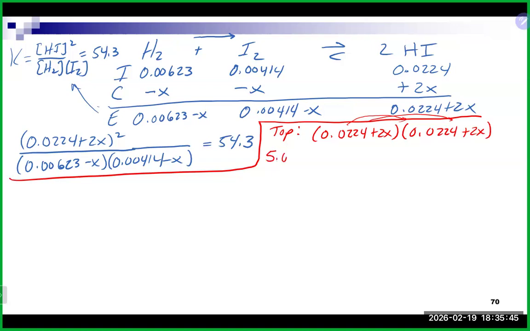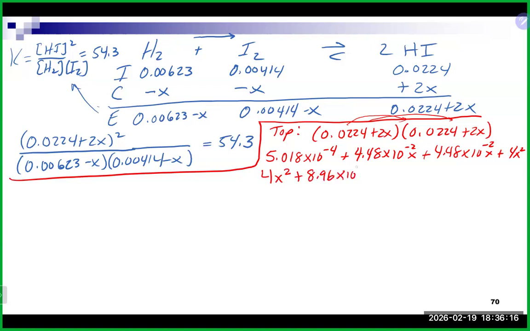That gets you 5.018 times 10 to the minus 4, plus 4.48 times 10 to the minus 2 x, plus 4.48 times 10 to the minus 2 x, plus 4x squared. I'm going to combine my x's, and that's going to give me for the top part of the left-hand side 4x squared plus 8.96 times 10 to the minus 2 x plus 5.018 times 10 to the minus 4.